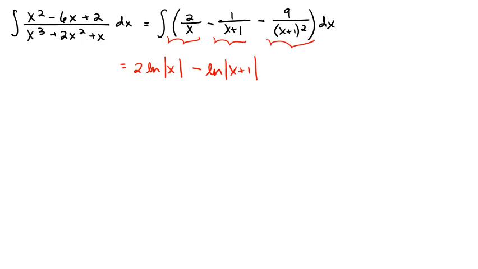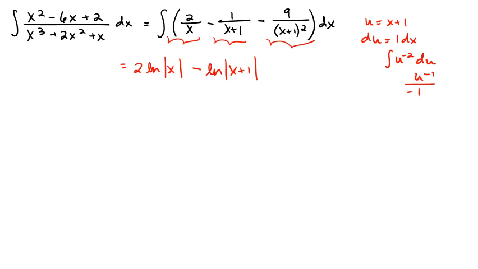This one here, if you want to use a u substitution, you can. u is equal to x plus 1. If that's the case, then du is equal to 1 dx. So you can integrate u to the negative power of 2. When you do that, you get u to the negative power of 1 divided by -1.